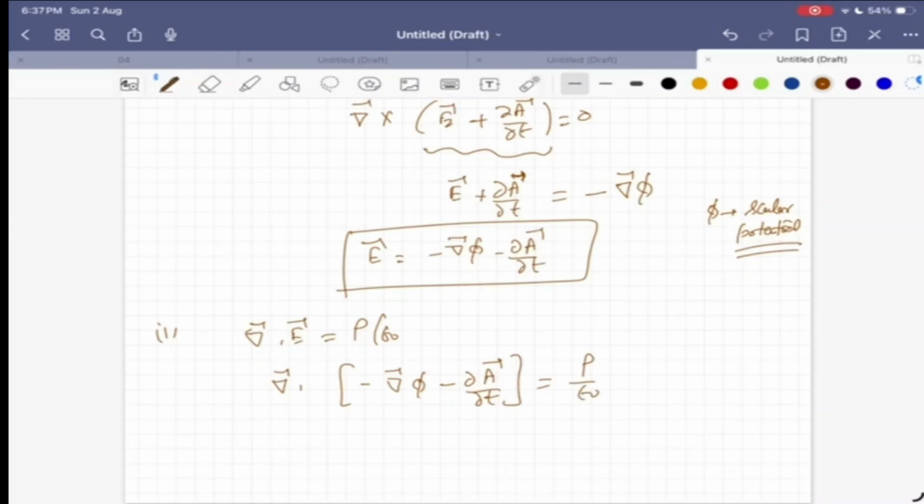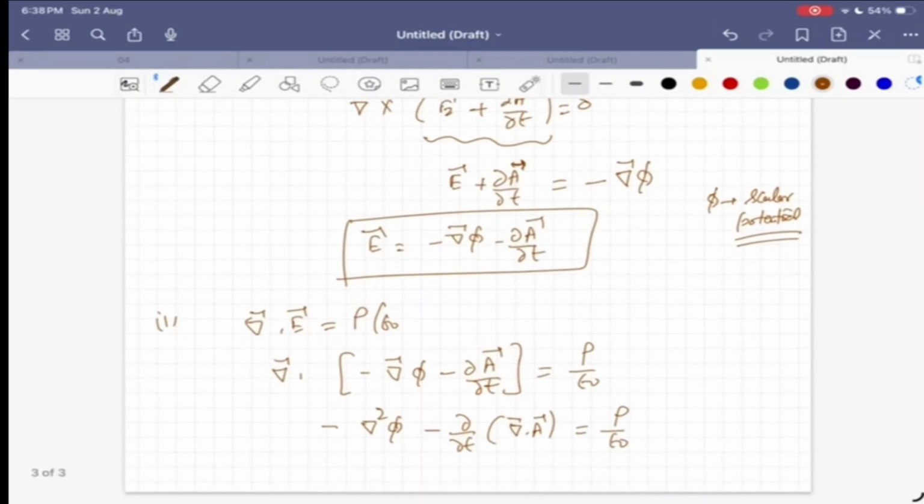If I take this, minus del square phi minus del dot del A by del T is equal to rho upon epsilon naught. So that's another equation. Let me call it equation 5.